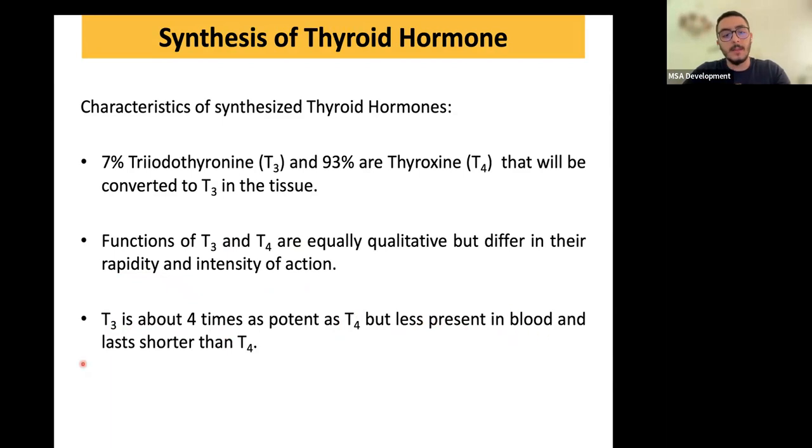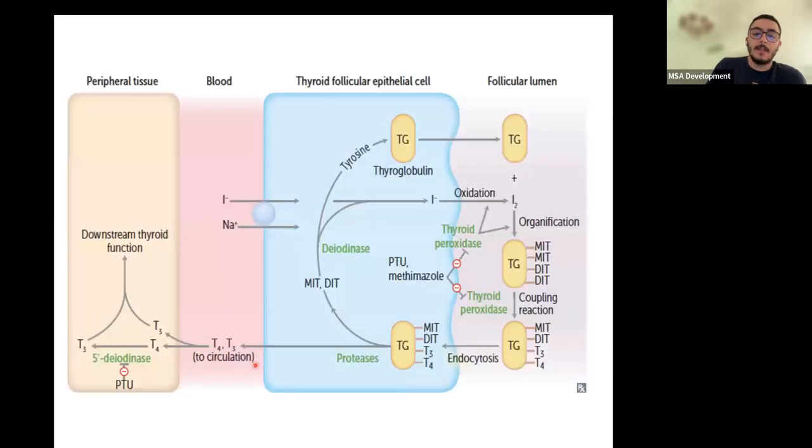However, it's less present in the blood, and it lasts shorter than T4. This is basically because 90% of the output of the thyroid gland is T4 and 10% is T3. But this is an issue now because we need T3 as it is more potent, and this issue is solved by the target tissue.